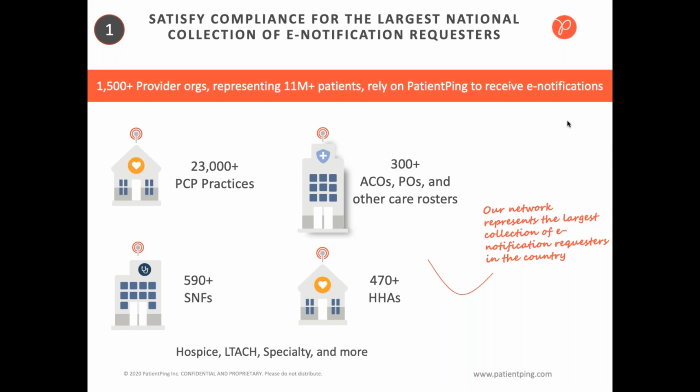That includes over 300 ACOs, POs, and other care groups, representing over 23,000 PCP practices, over 590 skilled nursing facilities, 470 HHAs, as well as additional hospice, LTAC, specialty, and other providers. In sum, simply by contributing your data to PatientPing, you'll achieve compliance for likely your largest chunk of required community provider recipients under this new COP.